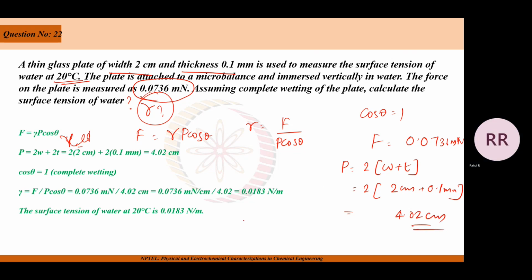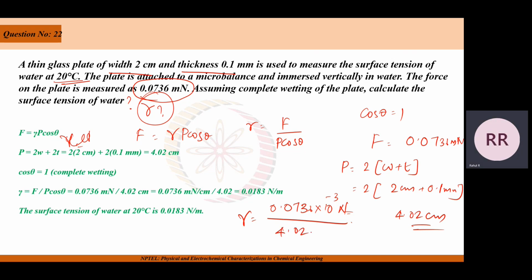Now finally calculating gamma, we can write it as 0.0736 times 10 raised to minus 3 Newton divided by 4.02 times 10 raised to minus 2 meter. So gamma is equal to 0.0736 times 10 raised to minus 1 divided by 4.02, that much Newton per meter.